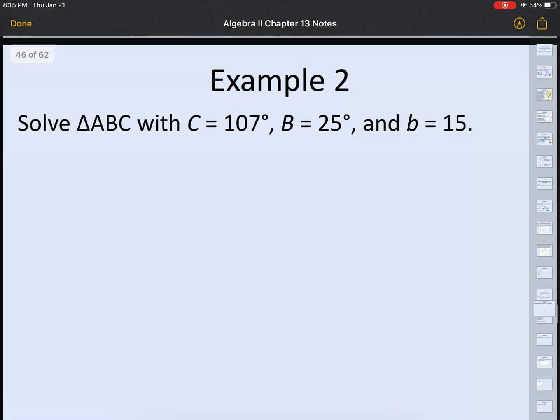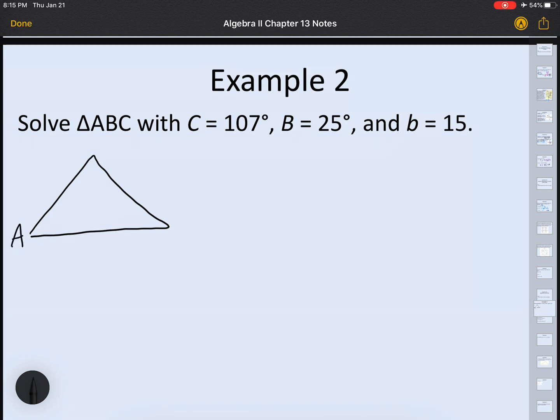In our next example, we have a triangle ABC, and angle C is 107 degrees, angle B is 25 degrees, and little side length b is 15. And this one we don't have a picture, so go ahead and draw one out.